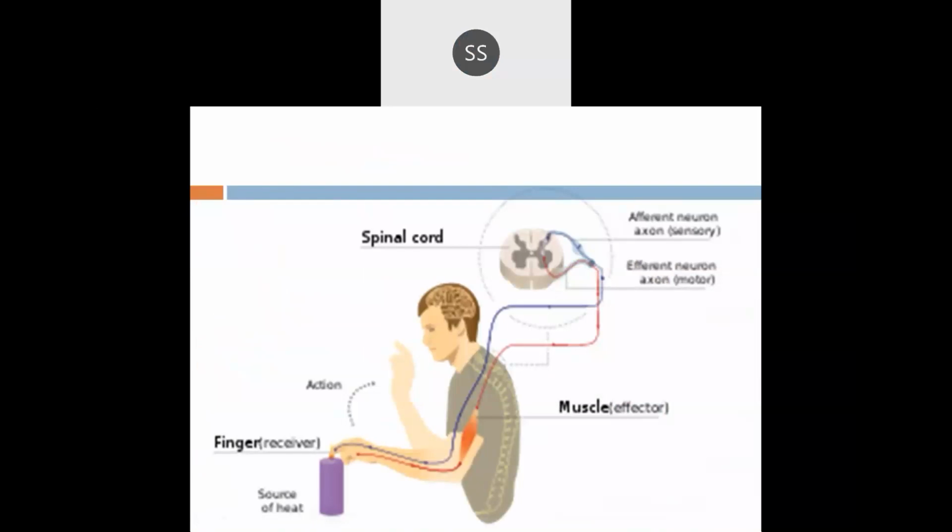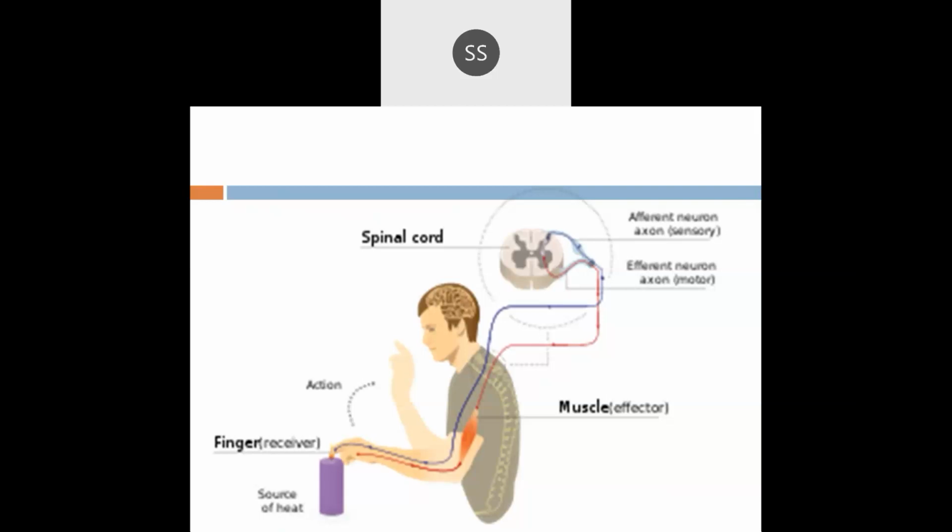Number one is cerebrum. Number two is diencephalon. Number three is brainstem. Under the diencephalon, can you name them? Hypothalamus and thalamus.